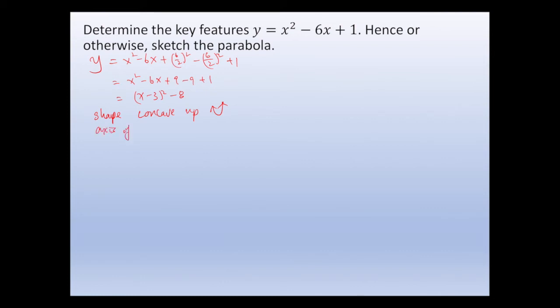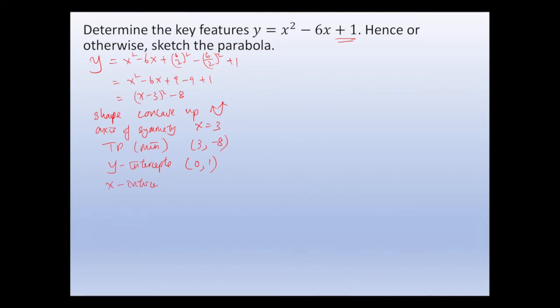And then you actually know that the axis of symmetry is x equals 3, and the turning point, in this case a minimum, is 3 and minus 8. You don't actually have to calculate the y-intercept because it's given here. So the y-intercept when x equals 0 is 0 and 1.